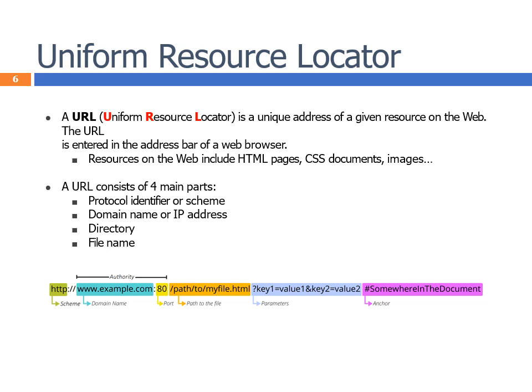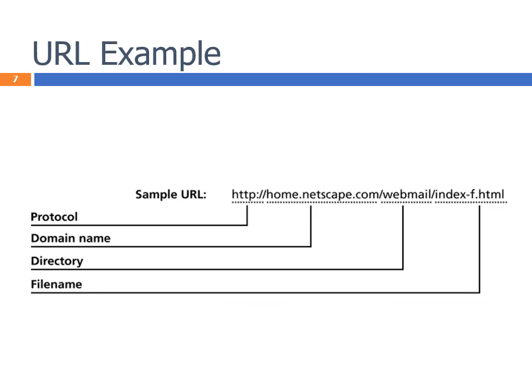The URL is made up of 4 main parts: the protocol identifier, the domain name, the directory, and the file name, as seen here in this picture.